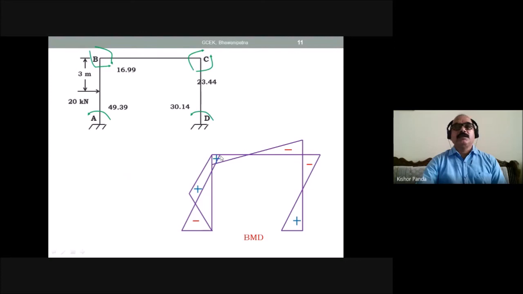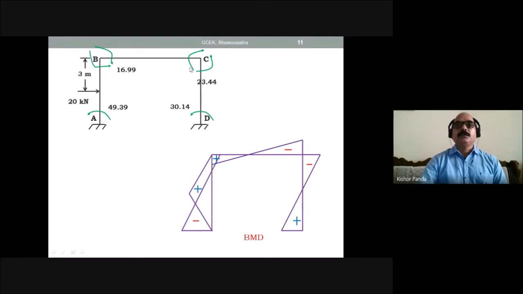So here this is 16.99. Then you draw this line. Similarly, for this horizontal member BC, inside 16.99. So here draw 16.99, and this is outside of BC. This is 23.44. So here you take 23.44. Then once again you draw this line.